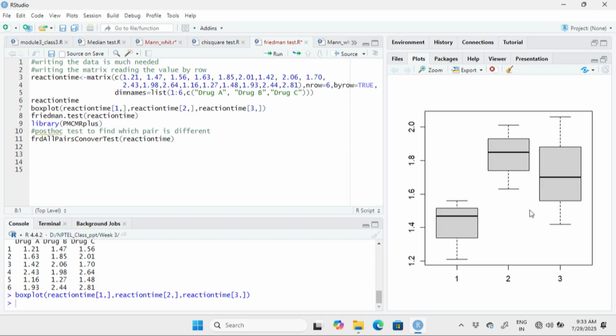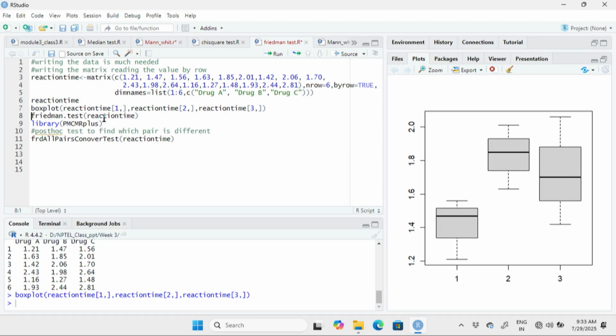Just by looking at the box plot, you can see that the darker line, this is the drug A figure, this is the drug B and this is the drug C. Look at the darker line positions and you understand that the medians, darker line means the median of each group, are no longer equal or very close to each other.